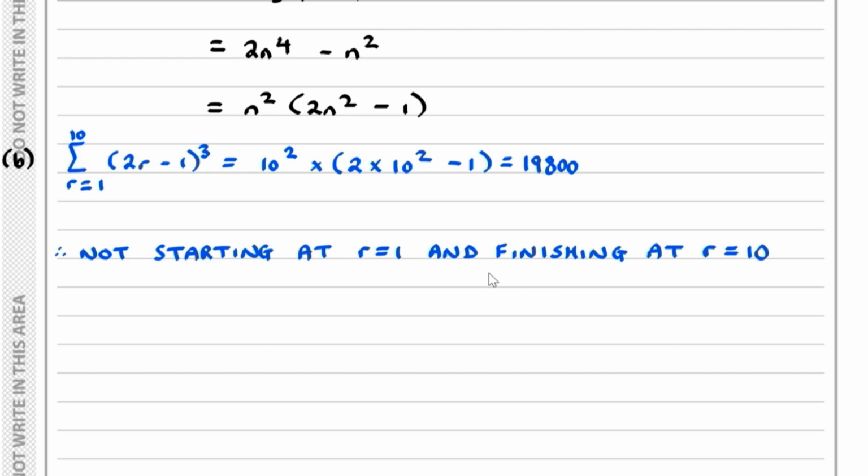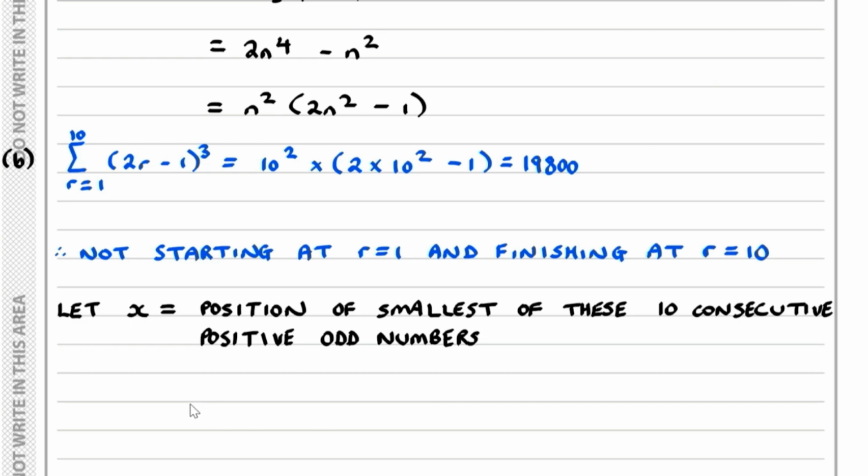We don't know where we're starting, but what we can do is start at some position x. Remember, r equals 1 represents the first position. So if we let x equal the position of the smallest of these 10 consecutive positive odd numbers, we are starting at x. The one after this is x plus 1.